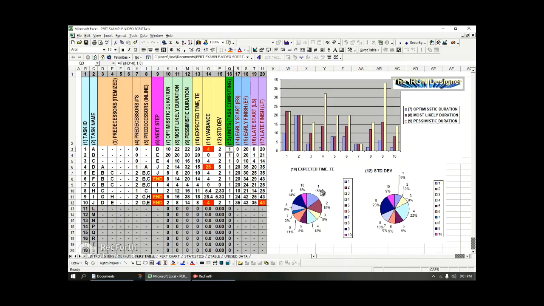You can see that 1 and 2 are almost 15% of your project. And you can see that in the expected time, they are 20. And that's the highest percentages in the pie chart. I just did this to show it to you visually. But you can see that these are the most encumbering tasks in your project.